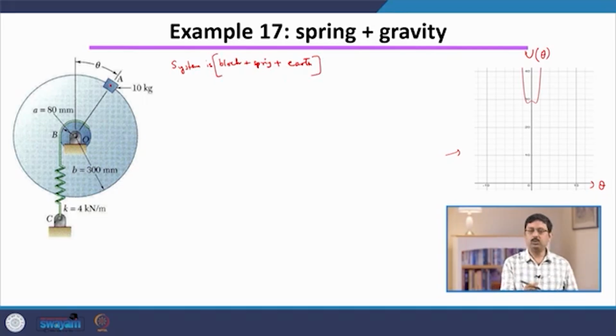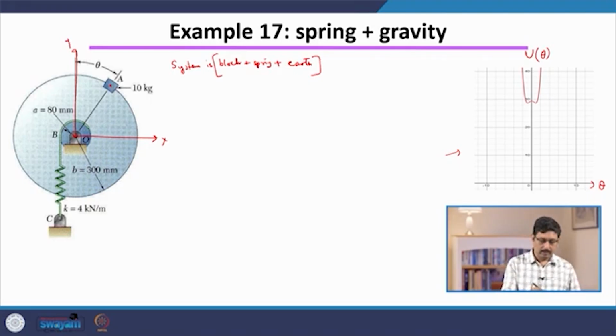Now, there are two contributions to the energy. The first contribution is, as you change theta, the position of the block changes, which means the gravitational potential energy of the block changes. How much is the gravitational potential energy? Let us take this point O as our origin, this is our x axis, and this is our y axis. Theta equal to 0 is the y axis.